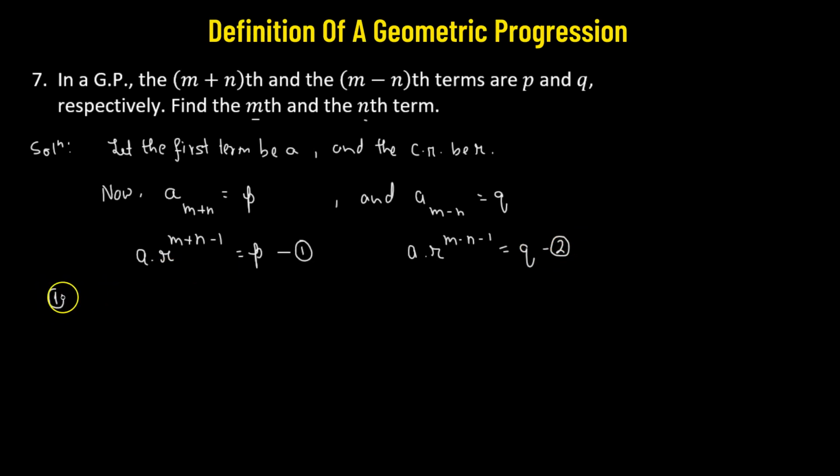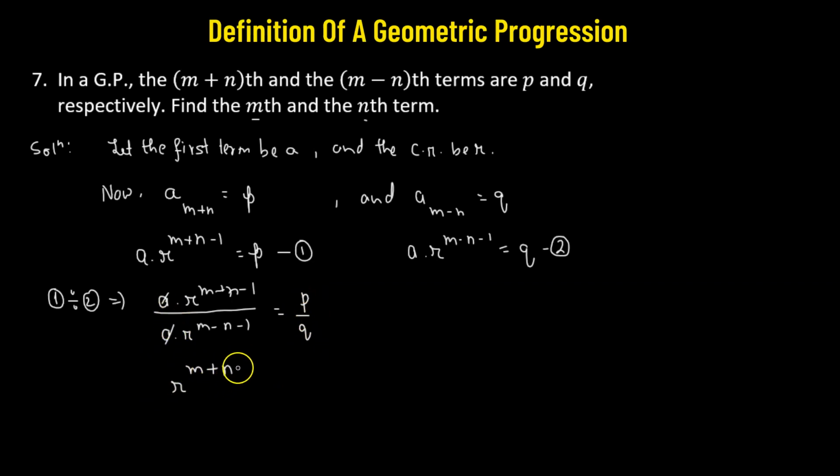Now we're going to divide equation number 1 by equation number 2. So this is going to give us a times r raised to the power of m plus n minus 1 divided by a times r raised to the power of m minus n minus 1. So that's going to be equal to p divided by q. So we have a and a cancelling out. So we have r raised to the power of m plus n minus 1.